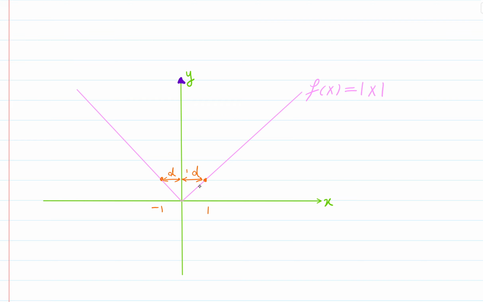And for all points on the graph in the first quadrant, you have a corresponding point in the second quadrant. And the distances between the points in the first and second quadrant are equal to each other. So the graph is symmetric with respect to the y-axis. This graph belongs to an even function.